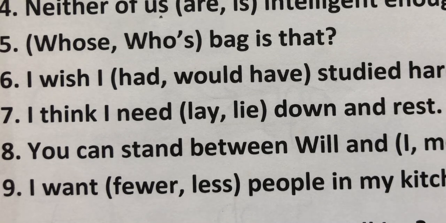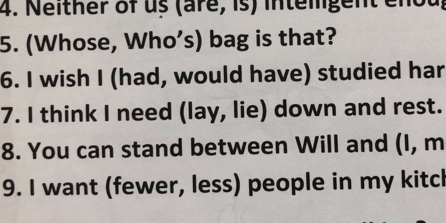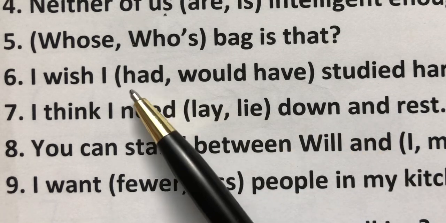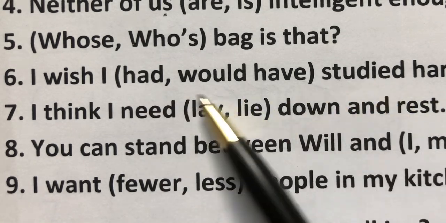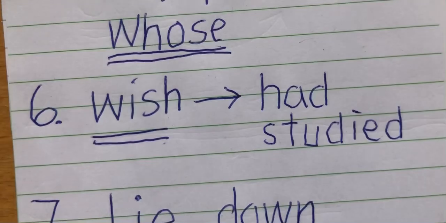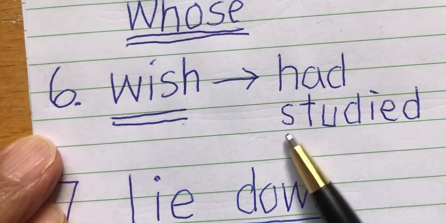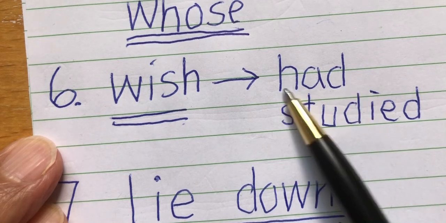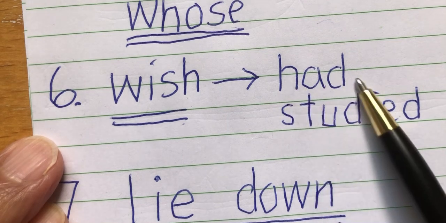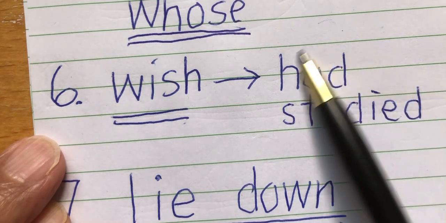So you regret something. In this case, you use had studied. So the rule is that if you have a wish, you use had studied. This is past tense and it is perfect tense. Yeah, past perfect. So after wish, you write this way.